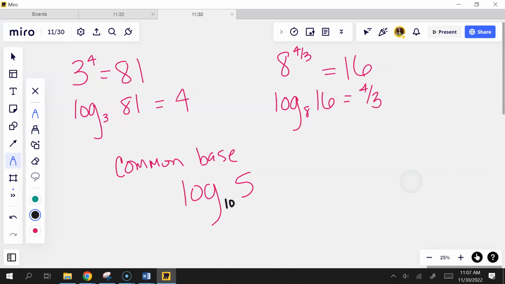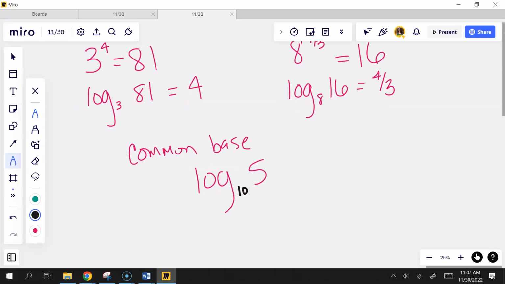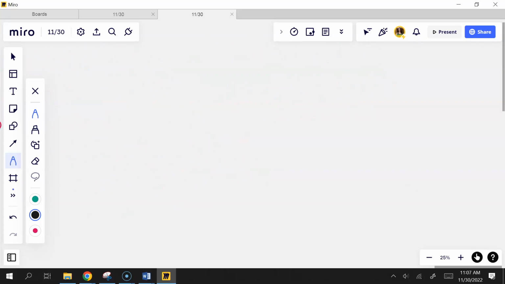What? I don't know. That I couldn't tell you. Log base 100 of 2. Is that what you're saying? Oh, log 100. Yes.